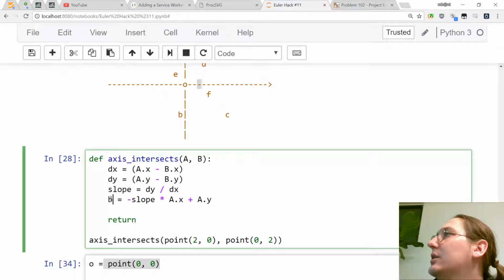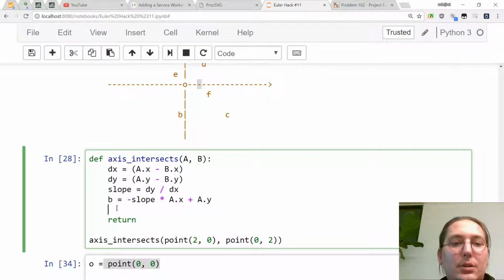Okay, and this is then the y-axis value of the intersect, and x is 0. So then I guess we return 0 comma b. So this is the first intersect.